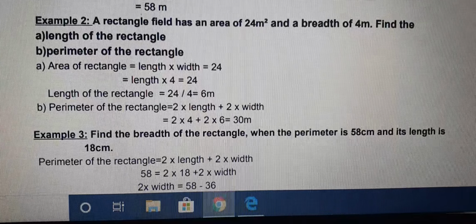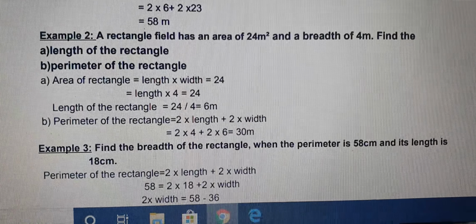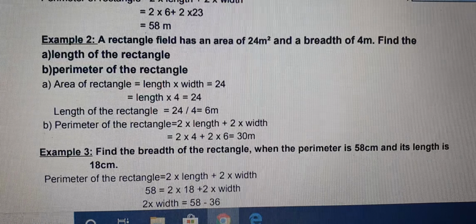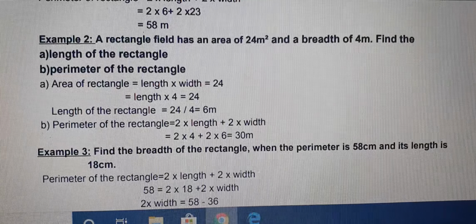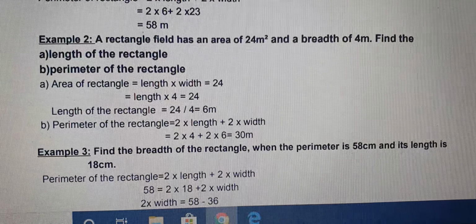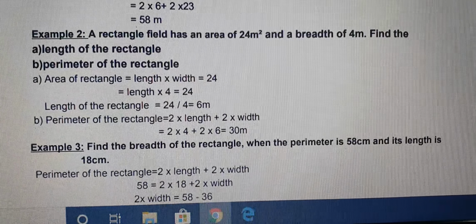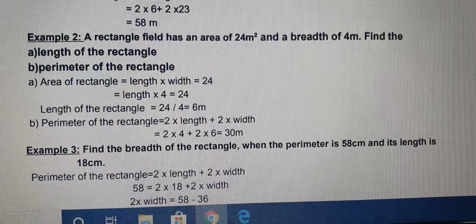Okay, on to our second example. A rectangle field has an area of 24 meters square and the breadth of 4 meters. Find the length of the rectangle, find the perimeter of the rectangle. Area of rectangle equals length into width. They have given you the breadth, that means length into 4 equals 24.